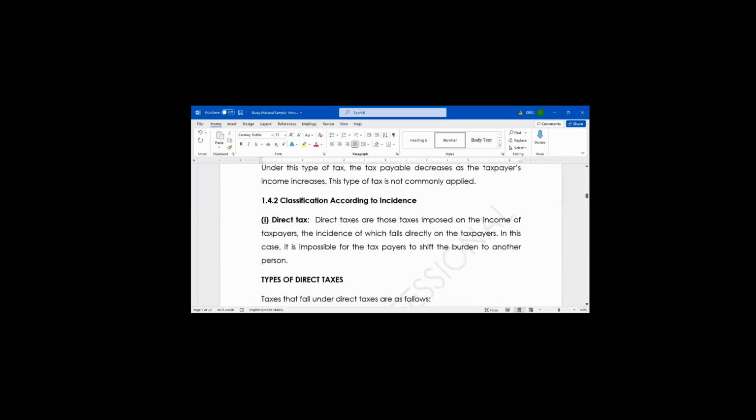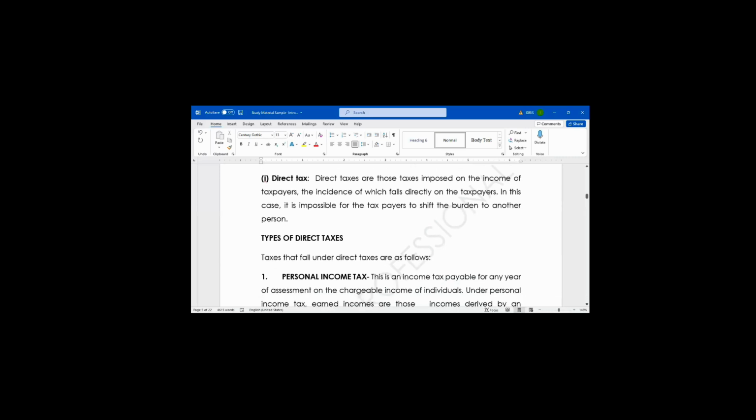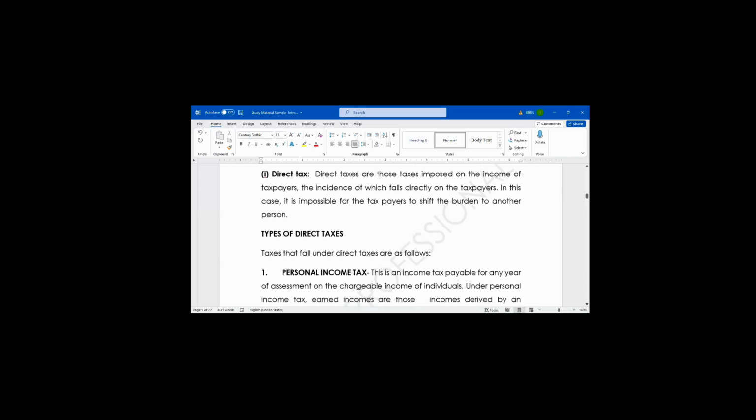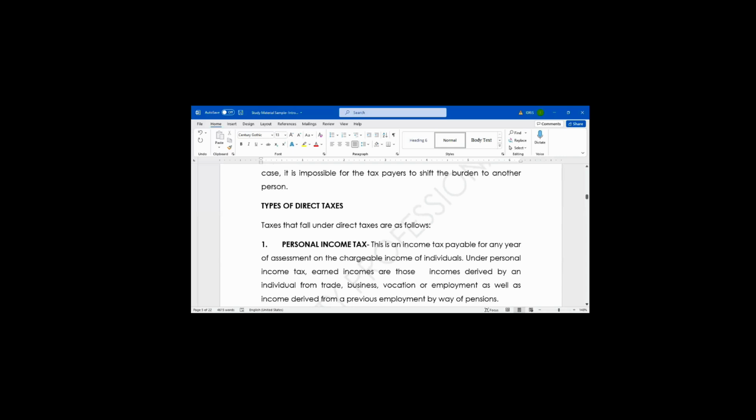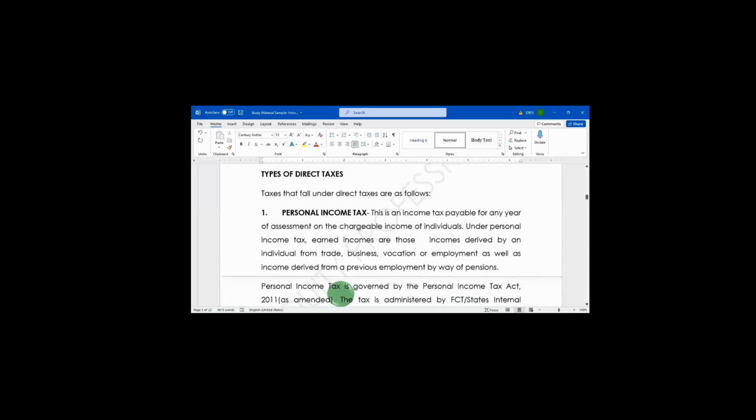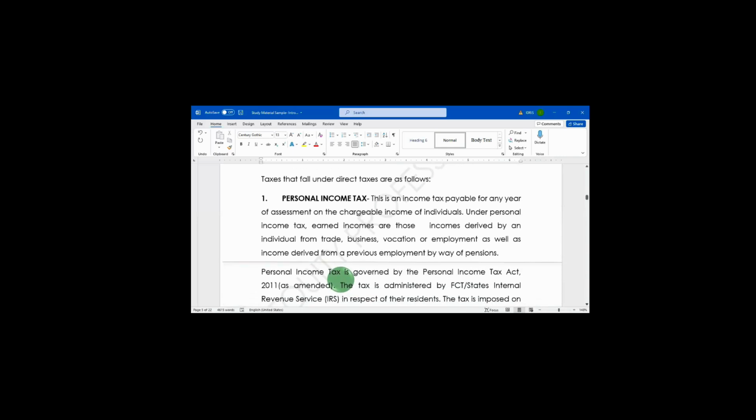We can have like 7 types of direct tax. Number 1 type of direct tax is personal income tax.